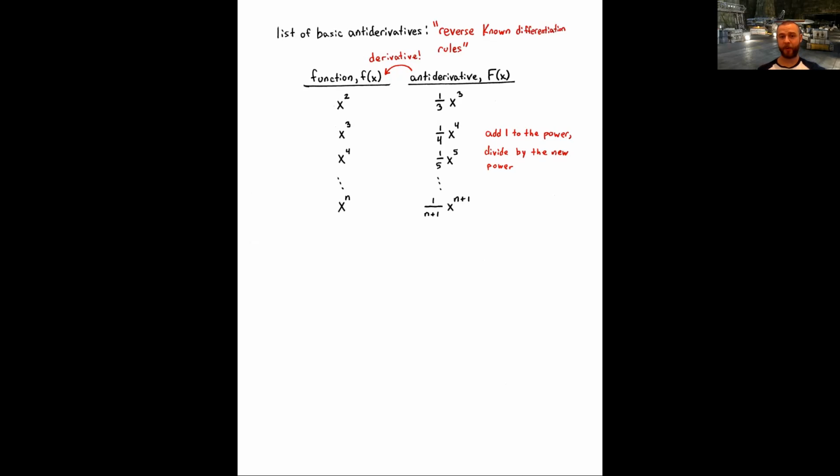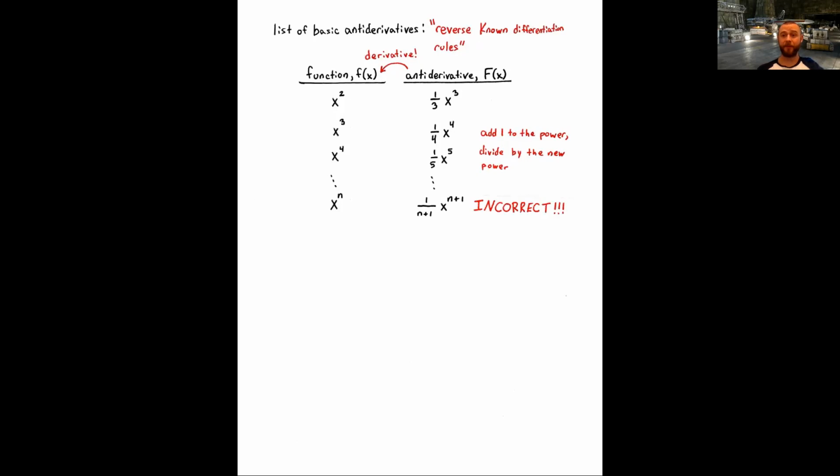Our function's exponent is n. The antiderivative contains x to the n plus 1. We then take that new exponent, n plus 1, and divide by it. So we get our antiderivative, 1/(n plus 1) times x to the n plus 1. And that seems right, right?